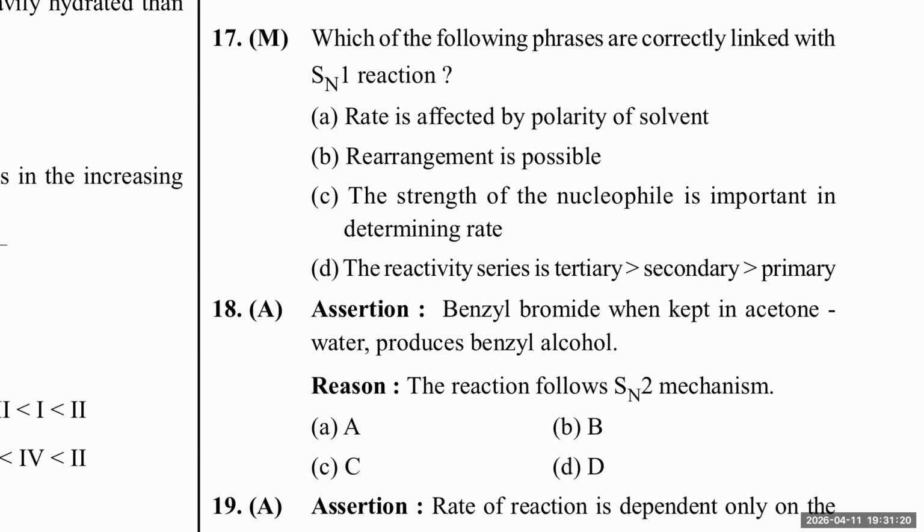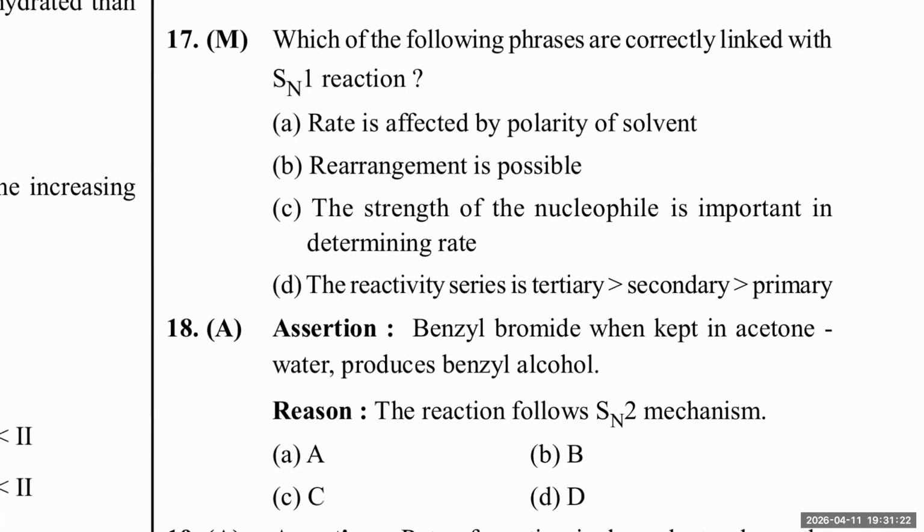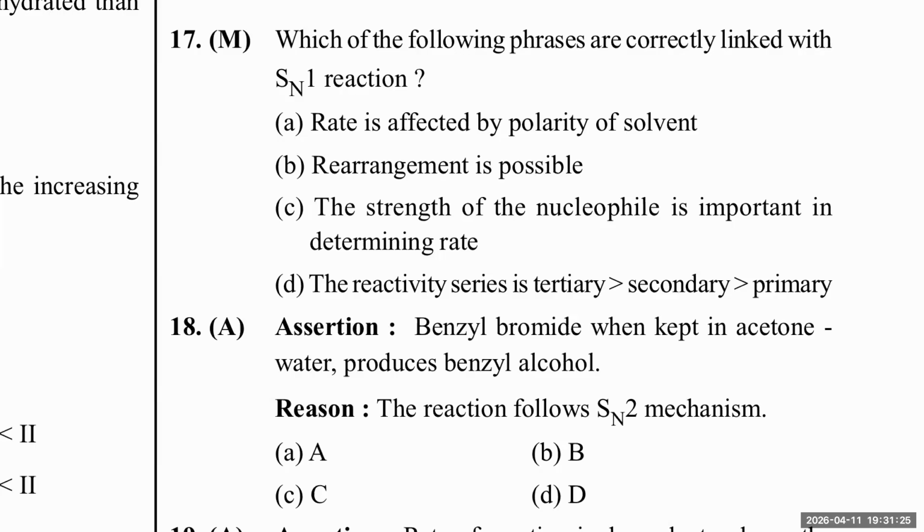Now check out the 17th one. Which of the following phrases are correctly linked with SN1 reaction? Rate is affected by polarity of the solvent. Very true, because if the polarity is more, rate of SN1 will be more, SN2 will be less. Rearrangement is possible, true.